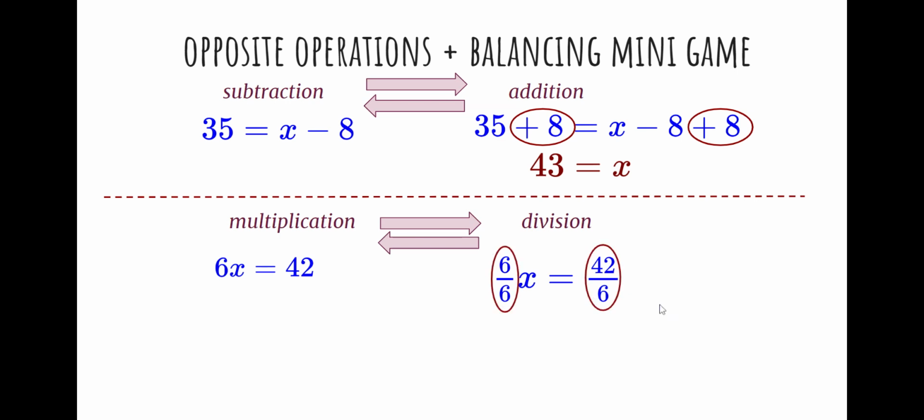When I divide 6 by 6 I get the number 1, which tells me there is 1x, or the value that I'm looking for. So the value of x is 42 divided by 6, which is 7. So 7 is the solution for this equation because 6 times 7 equals 42.